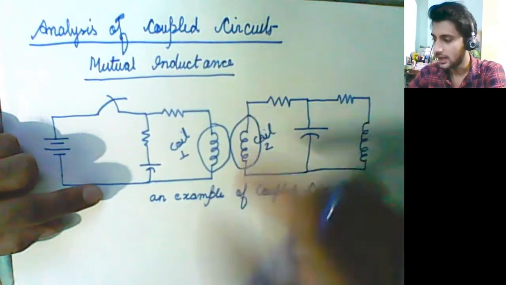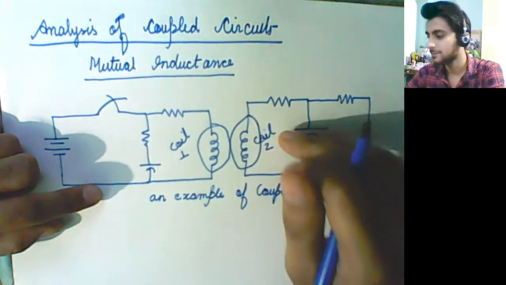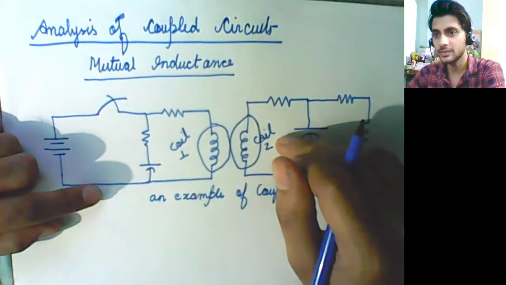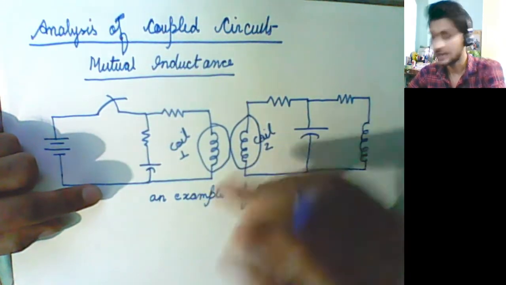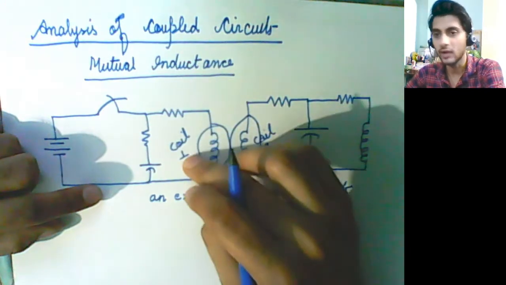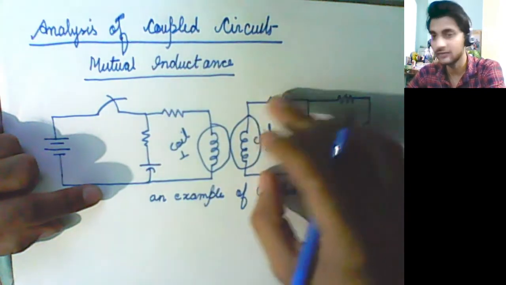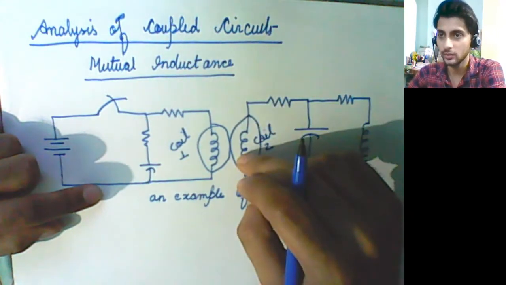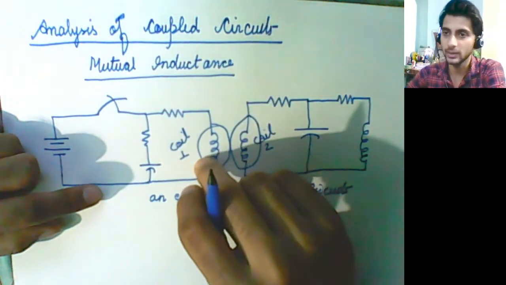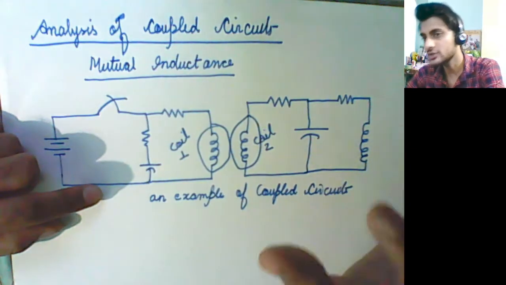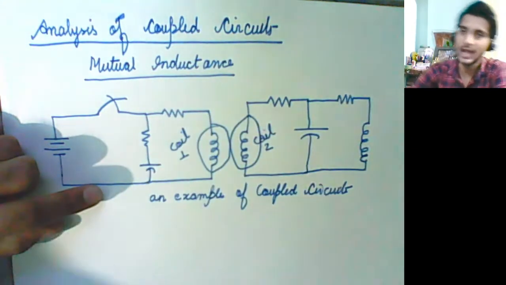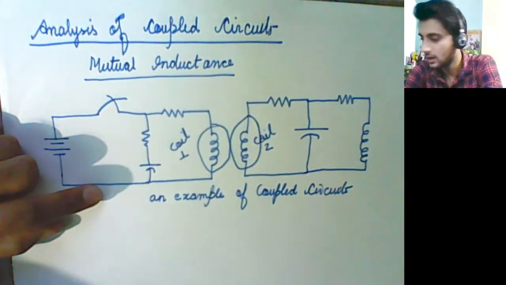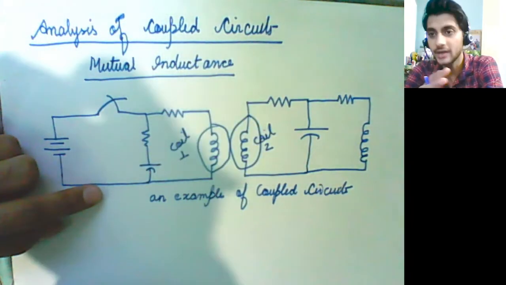Okay, when there is a mutual relationship between the two, the current that would flow through coil 1 will actually affect the voltage that we'll see across coil 2, and the current which will flow across coil 2 will change the voltage across coil 1. So there is a mutual relationship between the two, and we can call that mutual relationship mutual inductance.